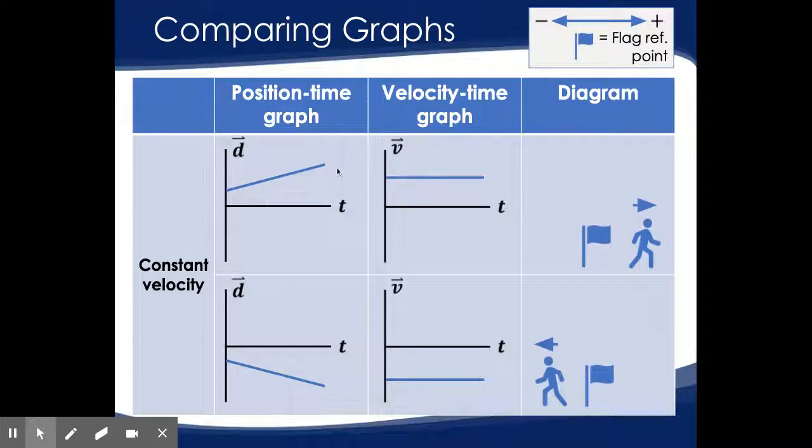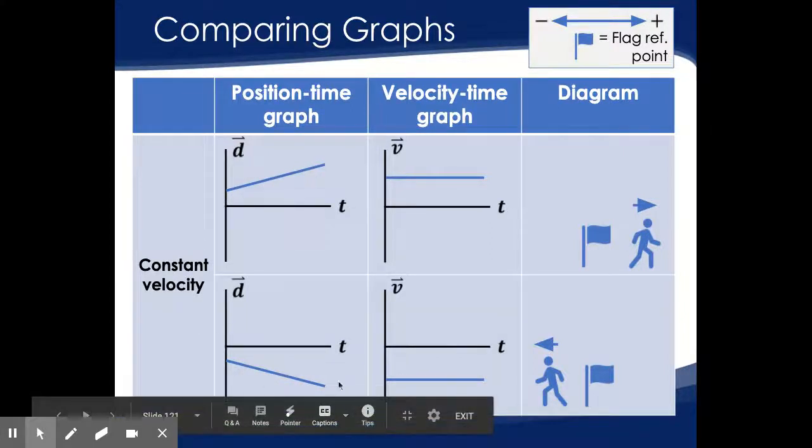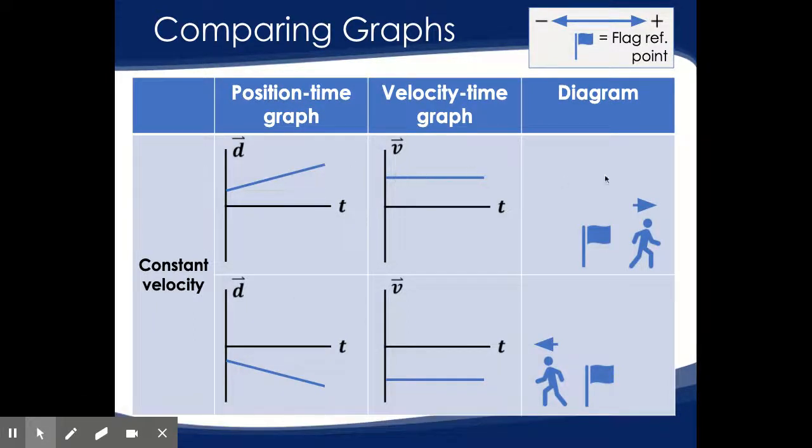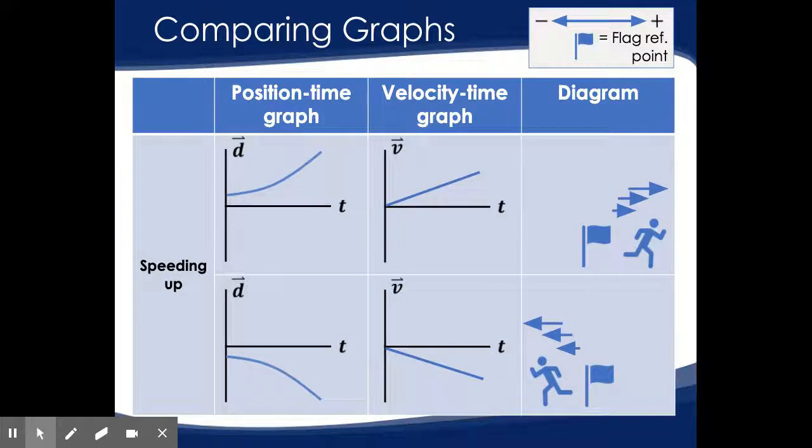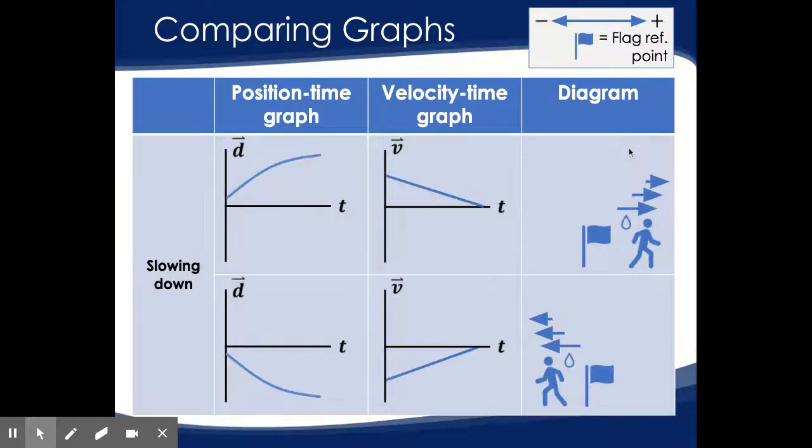If you're not speeding up, but moving at a constant speed, your position time graph would show that you're changing your position in a positive or negative manner with a tilt, and your velocity time graph would give you a straight line. Speeding up, position time graphs would give you a curved line to show acceleration. Velocity time graphs are going to give you a linear value there.